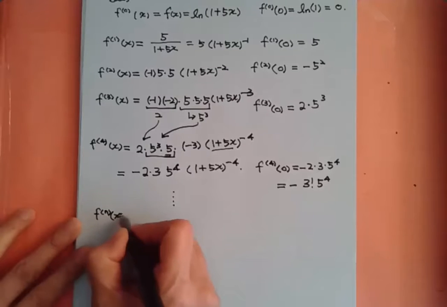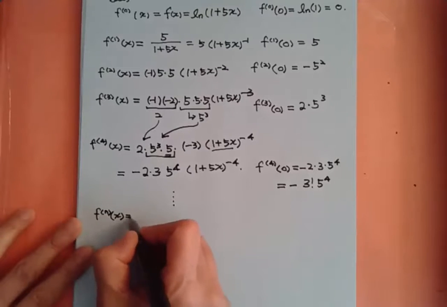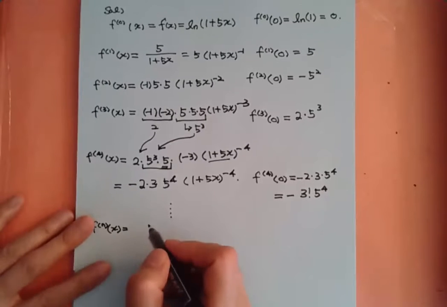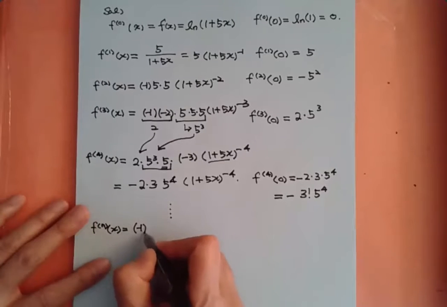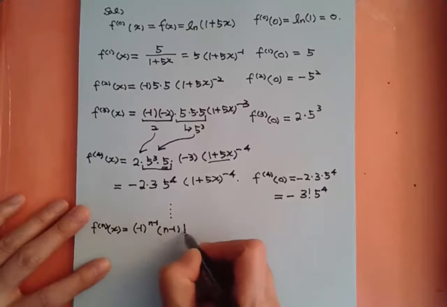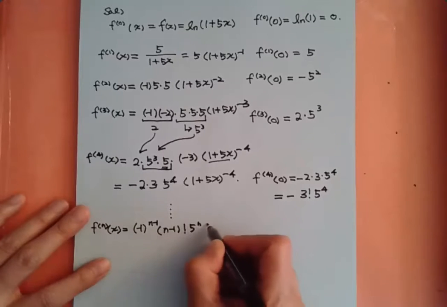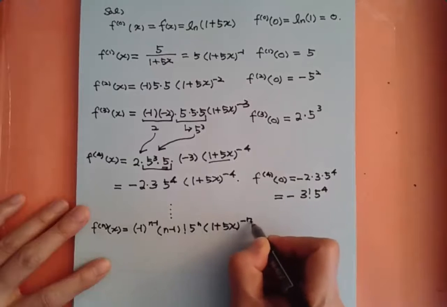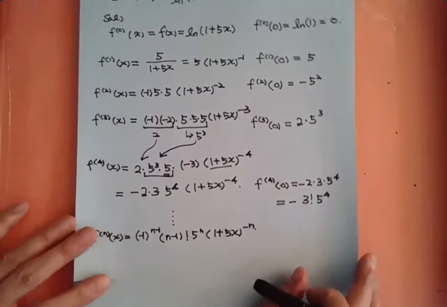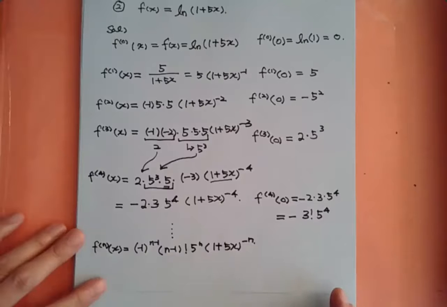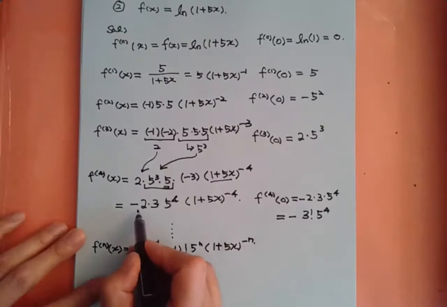The nth derivative of f of x from here is negative 1 to the n minus 1 power, n minus 1 factorial, 5 to the n power, 1 plus 5x to the negative n power. I just wrote the pattern first. Here, this is 3 factorial.